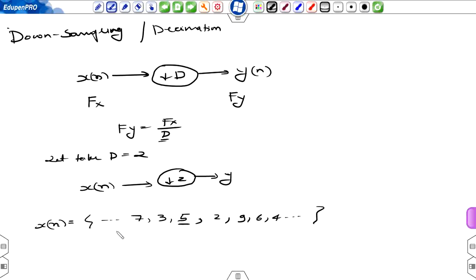So this is the origin. Okay, so this represents x of 0.